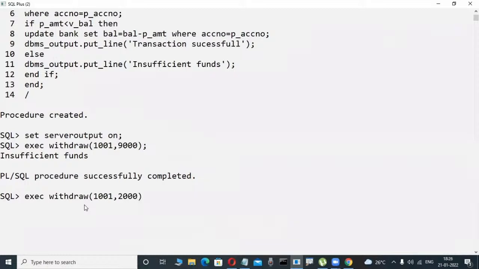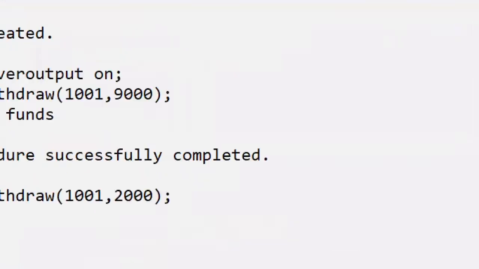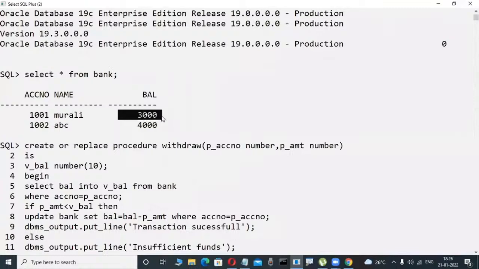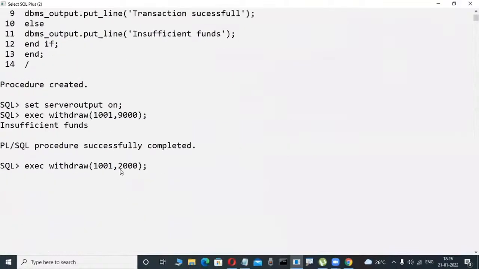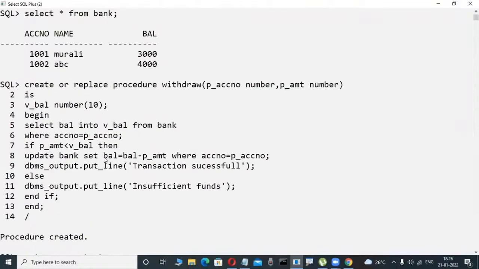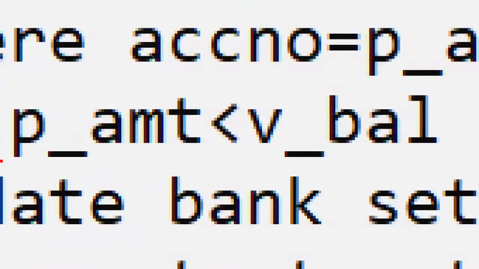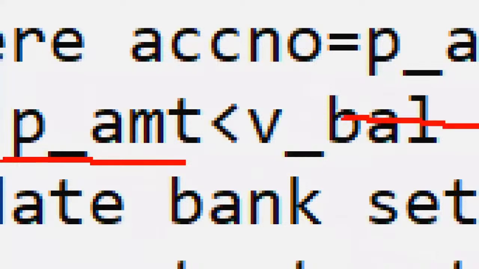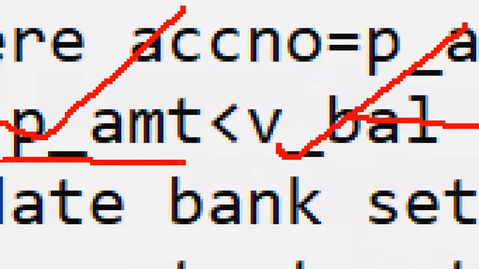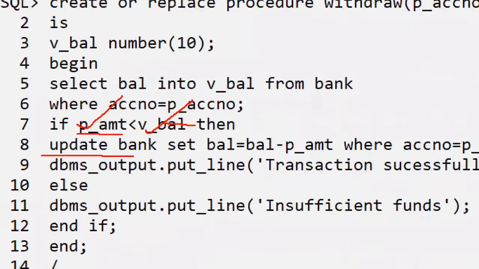Possible? Possible. Why? Because my balance is 3,000, but I try to withdraw only 2,000. Whenever the passed amount, 2,000, is less than the available balance, in this case 3,000, I am updating the bank table, modifying it. The transaction is successful.